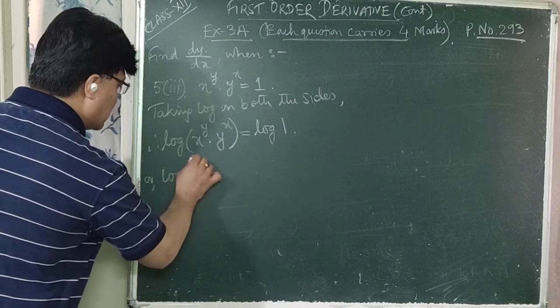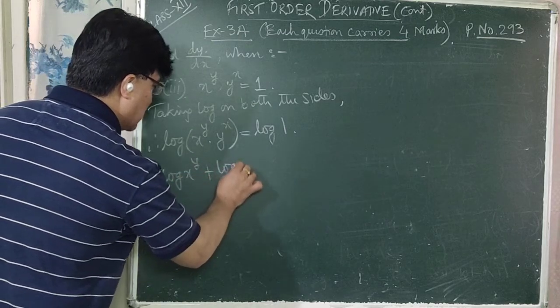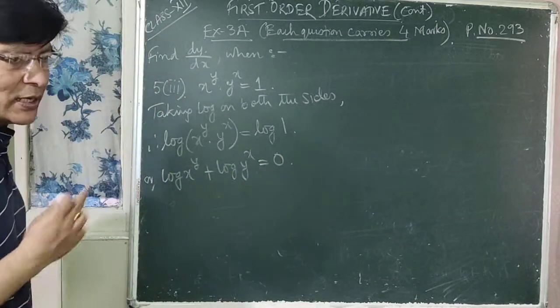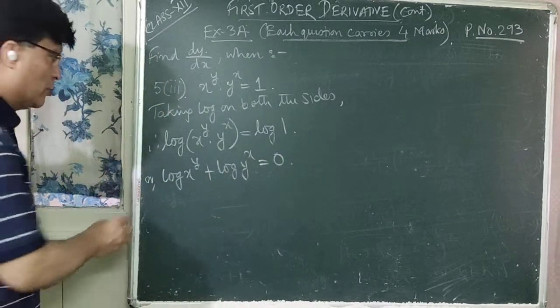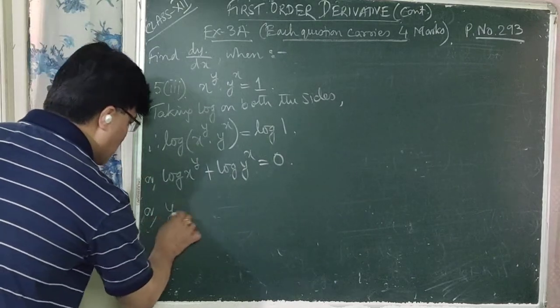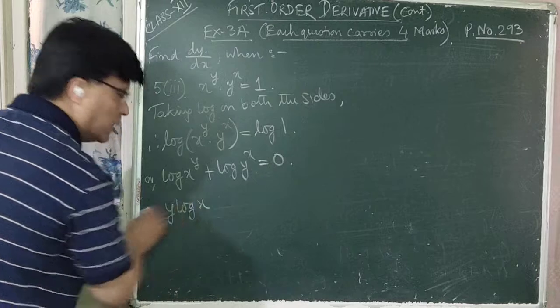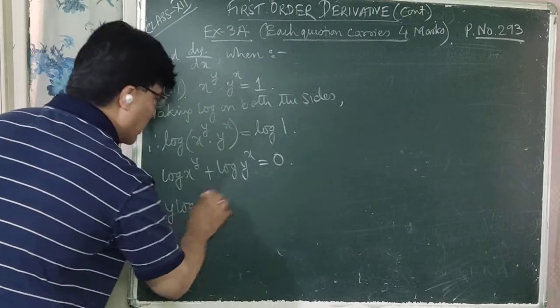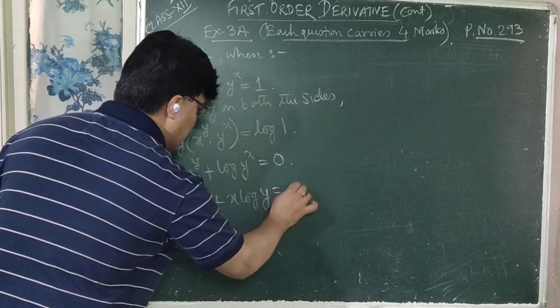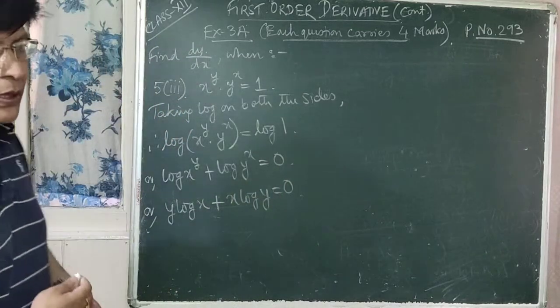This is log x to the power y plus log y to the power x is equal to log 1, which is always 0. Now this power becomes the coefficient, y log x, because this is from the properties of logarithm, plus x comes in the front, x log y is equal to 0.